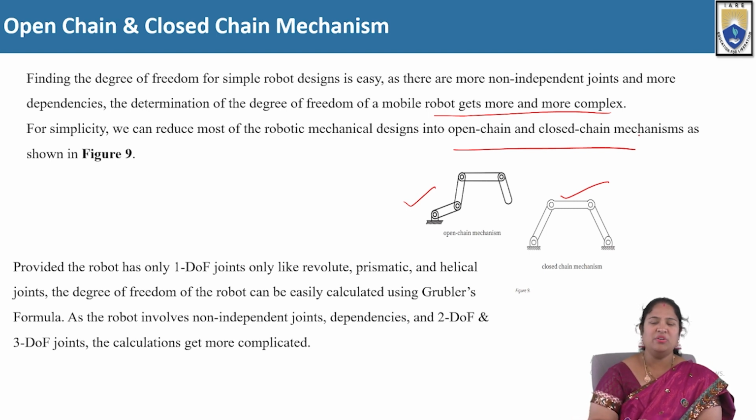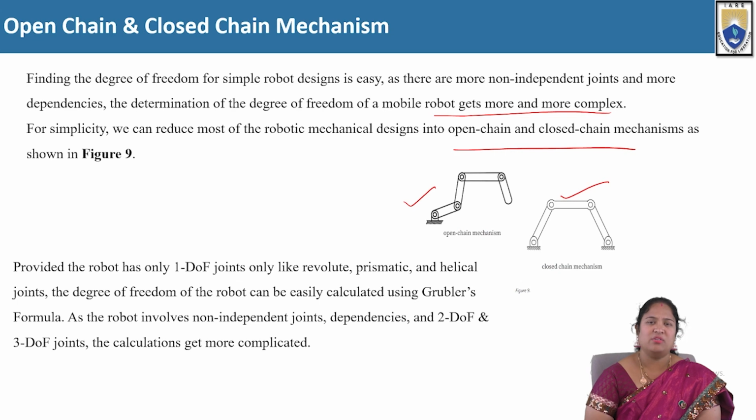In order to reduce that complexity, we simplify the robotic mechanism design into open chain and closed chain mechanisms. In order to reduce the complexity in the design or structure when calculating the degree of freedom, we are dividing the robotic mechanism into two different forms, that is open chain and closed chain mechanisms, right?